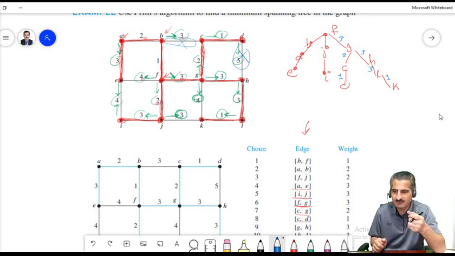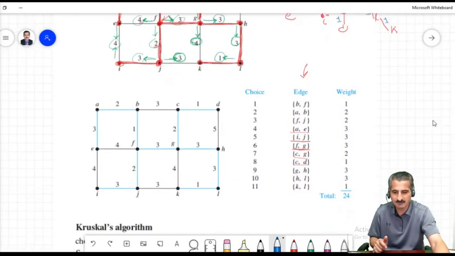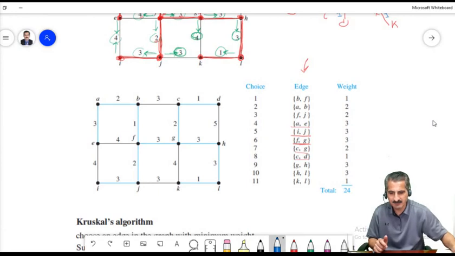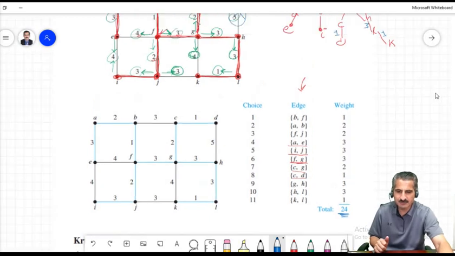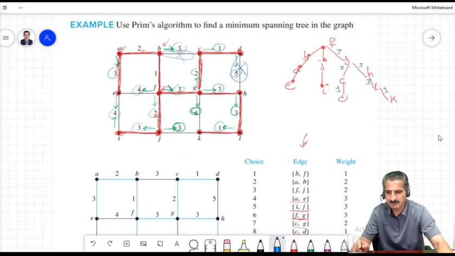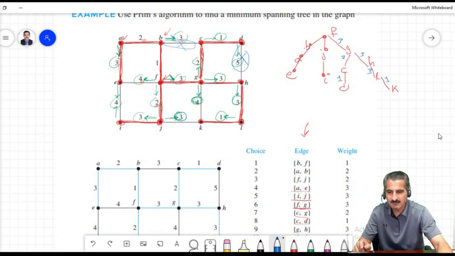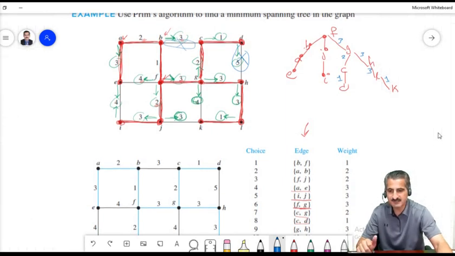And if we do so, we will always reach a spanning tree whose summation of weights will give 24. And this is the summation of weights we get. So I encourage you to work this again, but make different choices of edges than the ones in here.